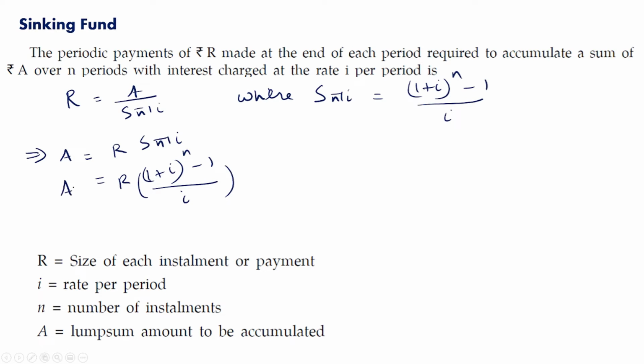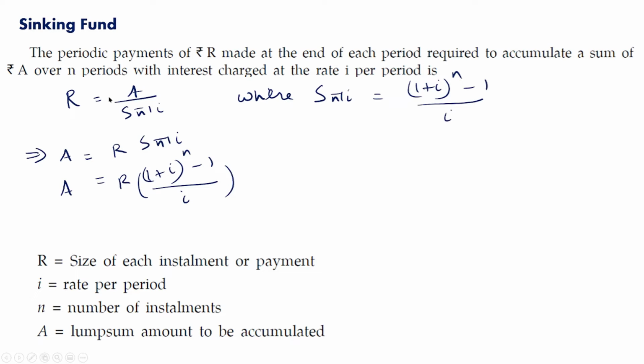So this is how we can find the lump sum amount that has to be accumulated when the size of each installment or payment is given by R, the rate per period is given by i, and the number of installments is given by n.